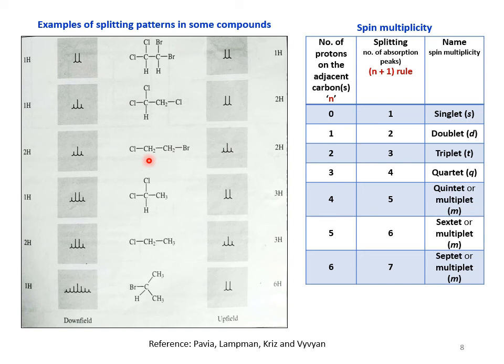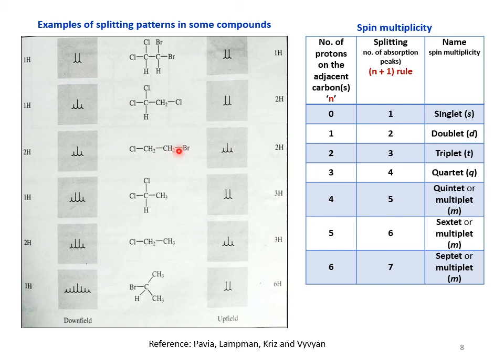Next, coming to 1-bromo-2-chloroethane. Here you can see it also gives two signals because there are two sets of protons. This proton splits into a triplet because it is present adjacent to the methylene carbon which has two protons, and this proton also splits into three because it has an adjacent carbon atom which has two protons.